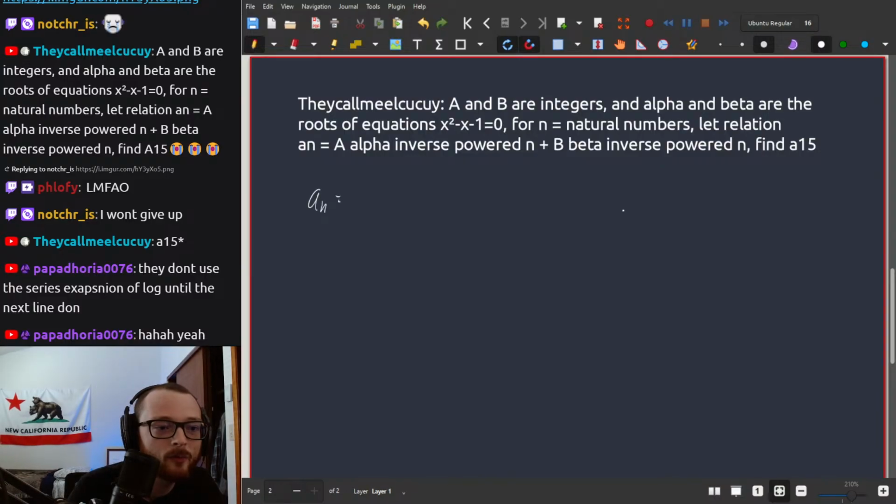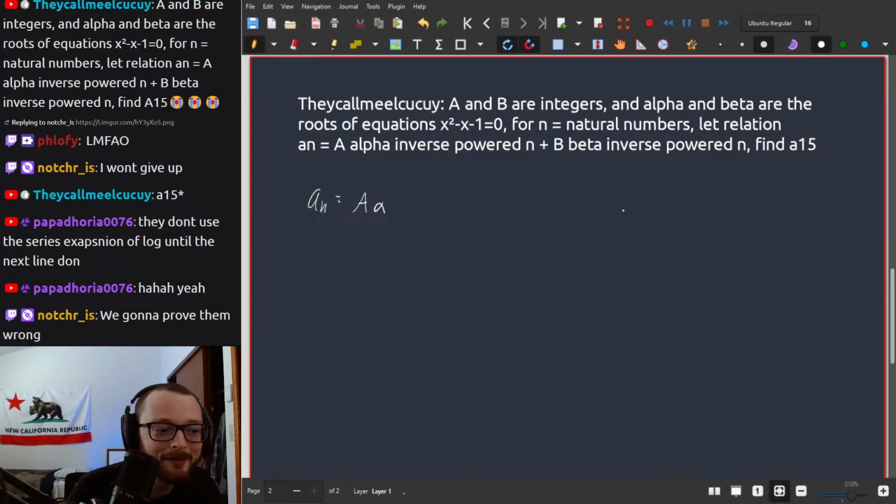A sub n equals A alpha inverse powered n plus b. What? Or is it like this? Find A15. I have no clue what this question is. Oh, wait, A sub 15.